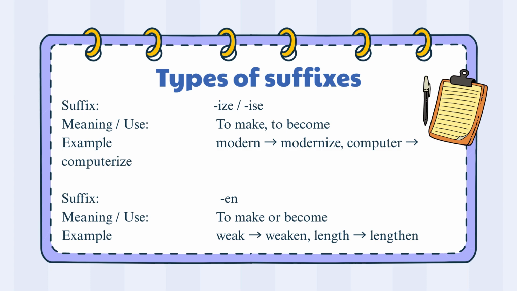Now the next example is EN, which is used to mean to make or become. Example: weak, weaken; length, lengthen.